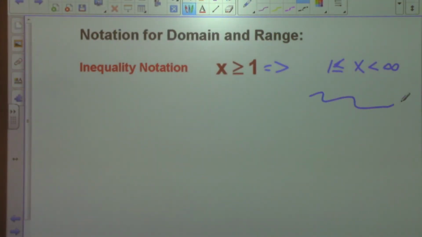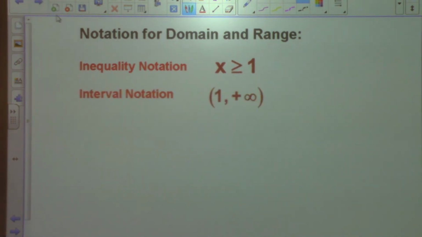I think you'll see this on the right more, but they both mean the same thing. Here's an example of interval notation. I want to show you what this one looks like on a number line. That's your number line version of this.